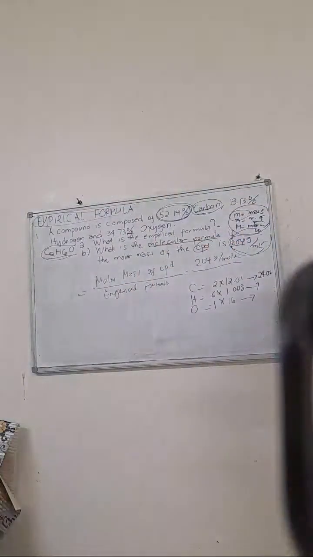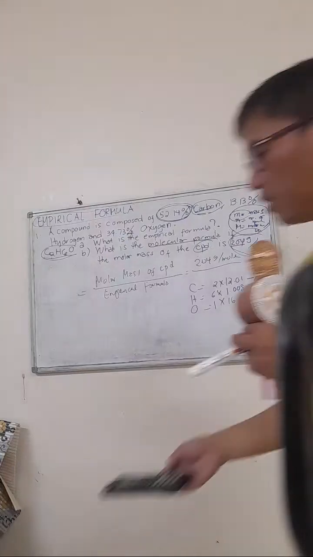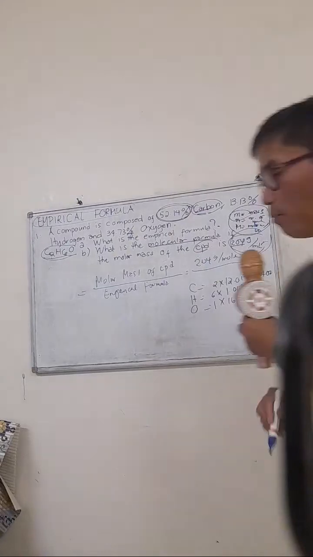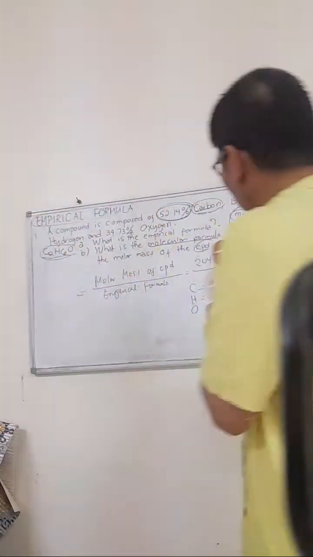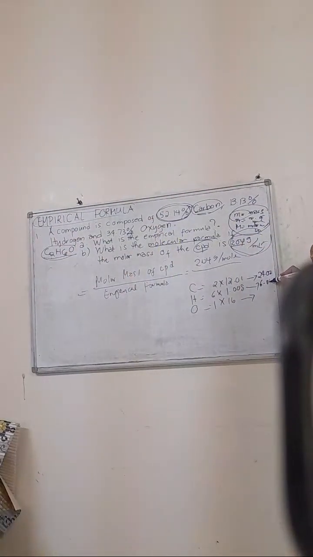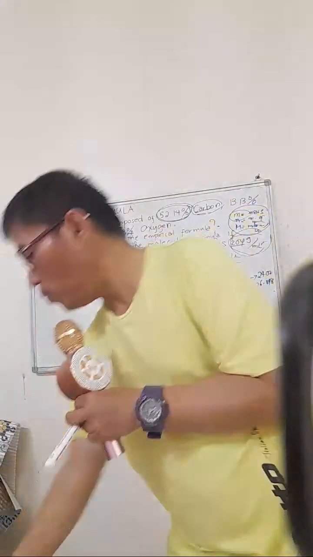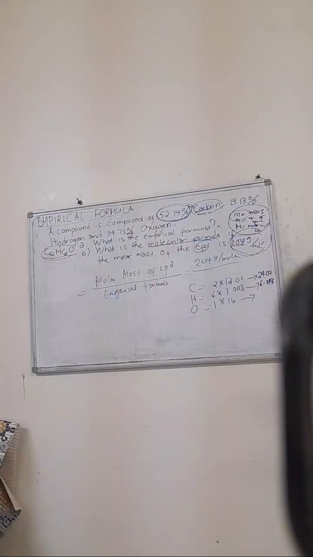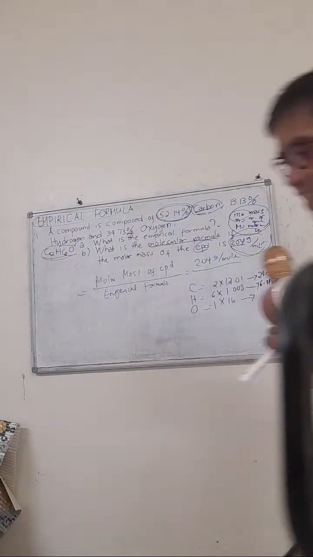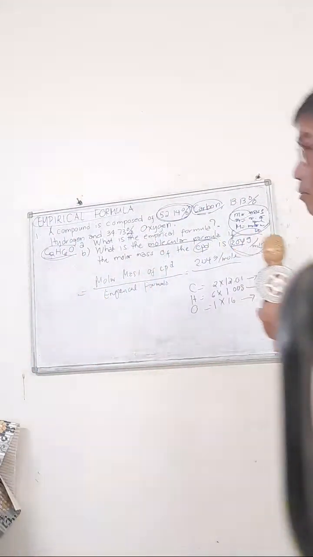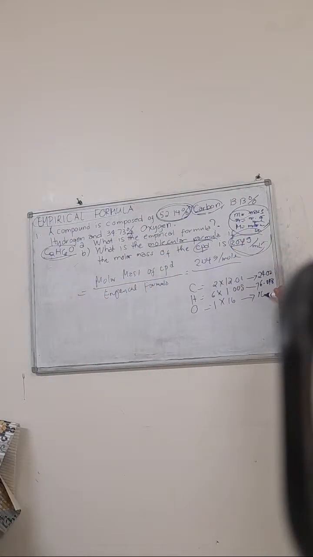Then 6 times 1.008 is equal to 6.048. In determining the molar mass, you have to keep the decimals because they play an important role. And 16 times 1 is obviously 16.